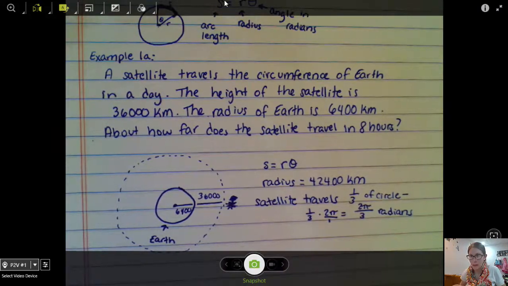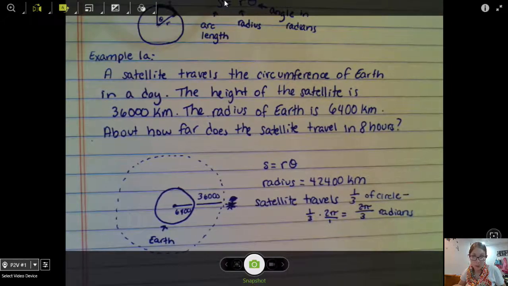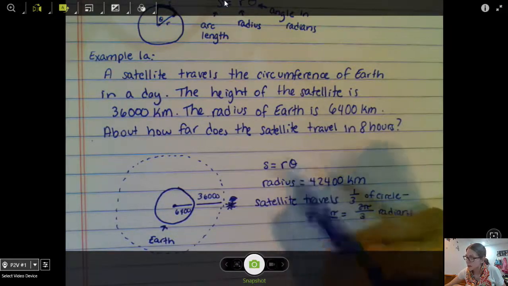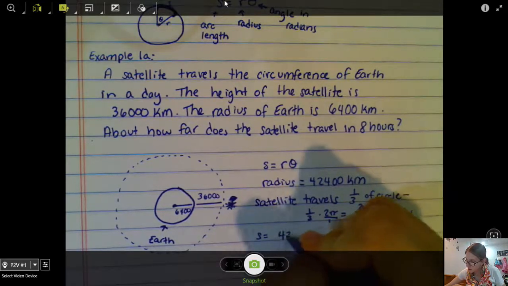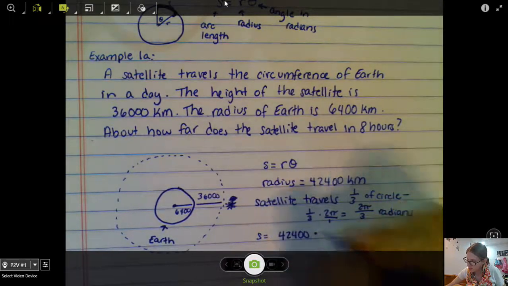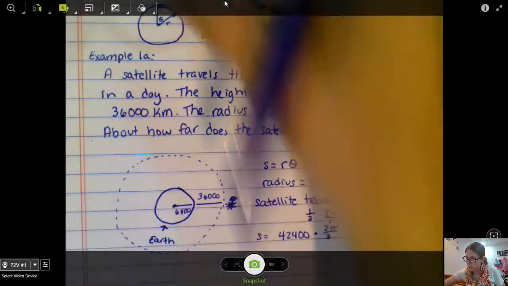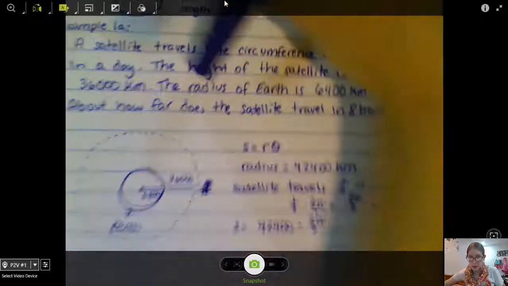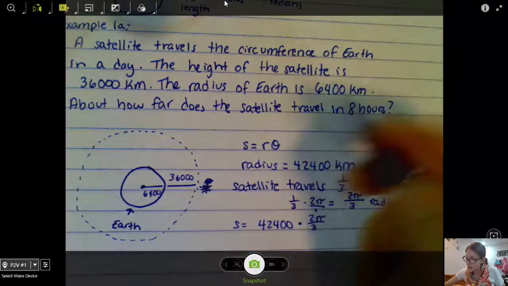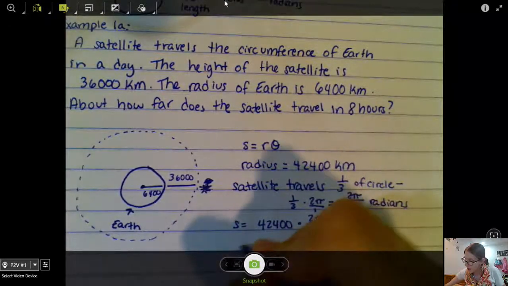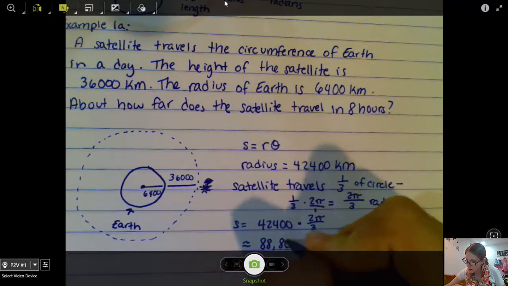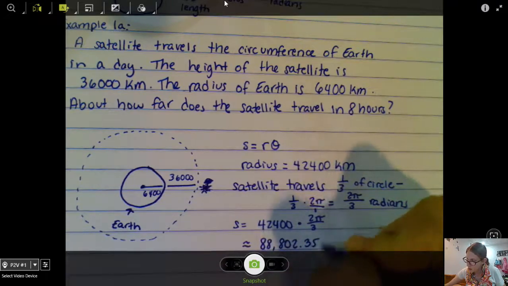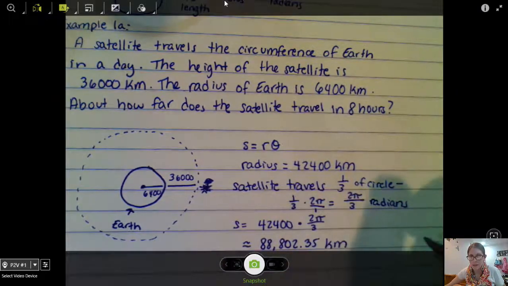Okay, now the last thing we need to do is take our radius times our angle. Our arc length is our radius, which is 42,400, times our angle, 2 pi over 3 radians. And since this is an application problem, we want to figure out approximately what that is. Type this in your calculator, and you should get about 88,802.35 kilometers.